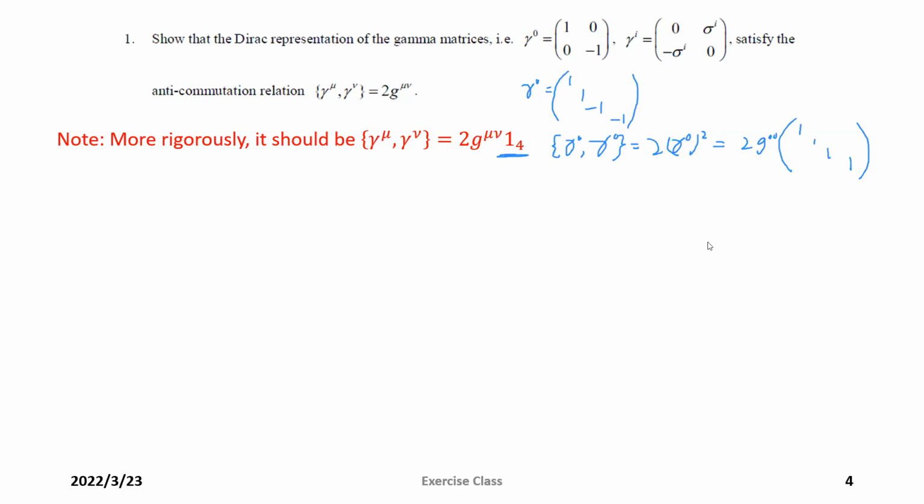But we usually just use the 2 times 2 block for simplicity, and I want to demonstrate it here.